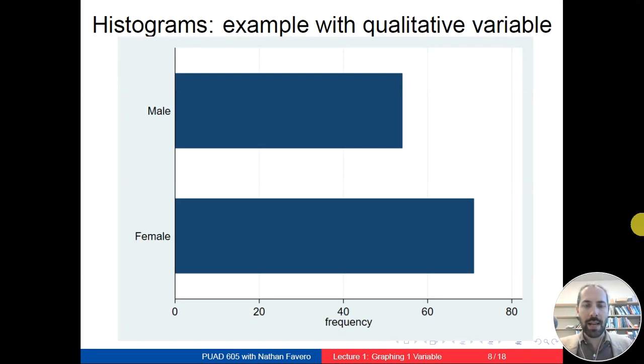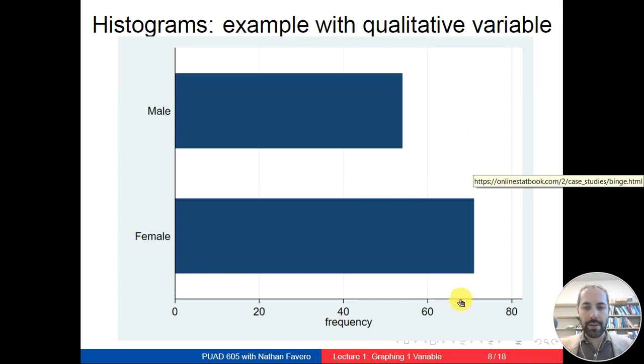So, first of all, this first example is showing how histograms look with qualitative data. Here, our qualitative variable that we're examining is gender. And we just have two different values that this takes on in this particular data set, male and female. And we want to know how many observations in our data set are men and how many observations are women, or to be a bit more precise, how many are male and how many are female.